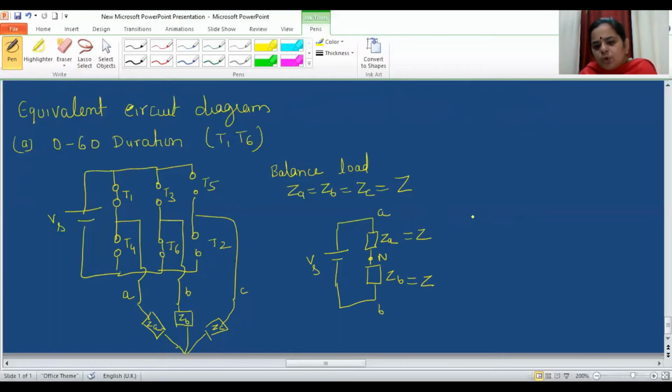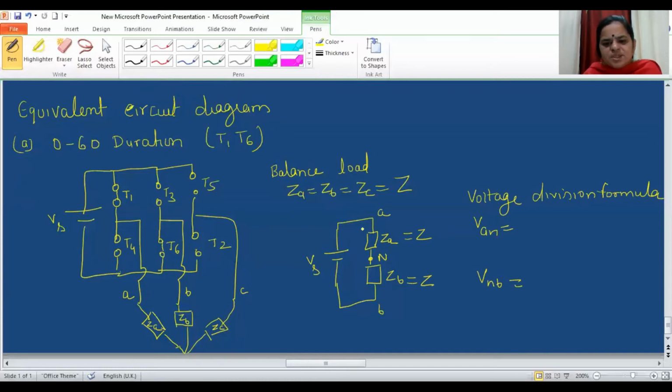Now if I am going to calculate VAN and VNB, you know that if a single voltage source is connected to two series impedances, then the voltage across the individual impedances we can calculate by the voltage division formula. So what is the voltage division formula?